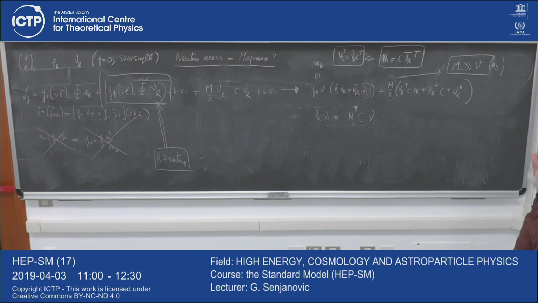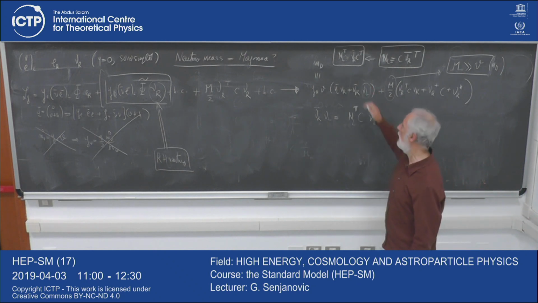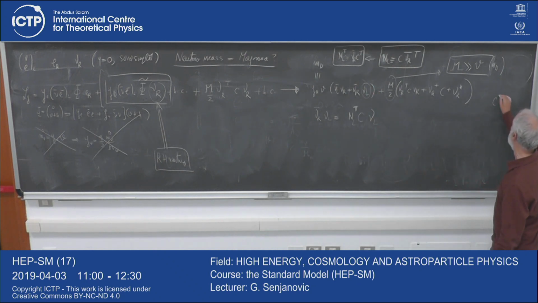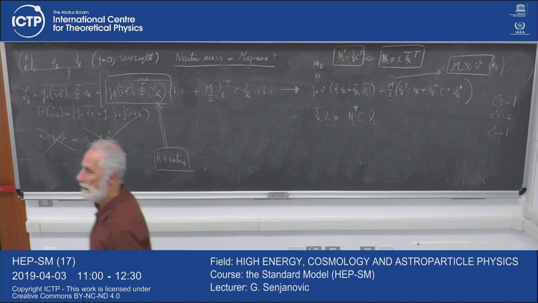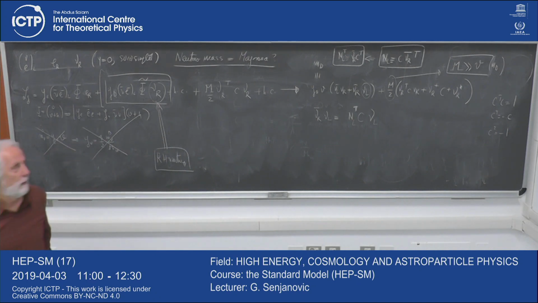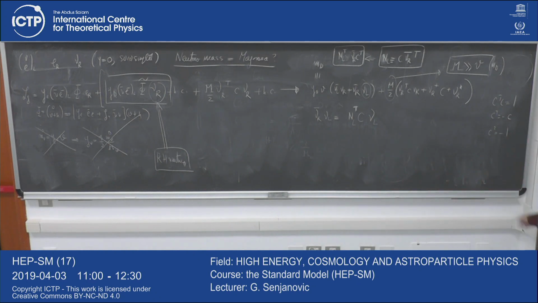Minus. No, it's okay. No, it's not minus C. I think C transpose C is 1. I'm pretty sure. C transpose is minus C. C squared is minus 1. I think even the correct, there is no minus sign. C transpose is minus C, then. Okay. No, C transpose C is 1. I'm pretty sure.